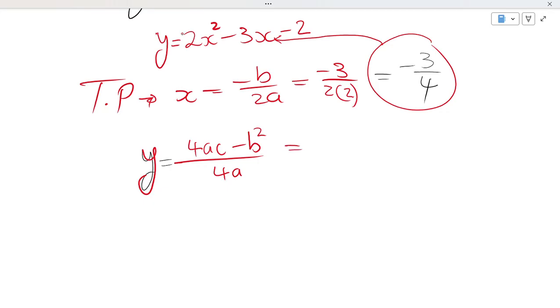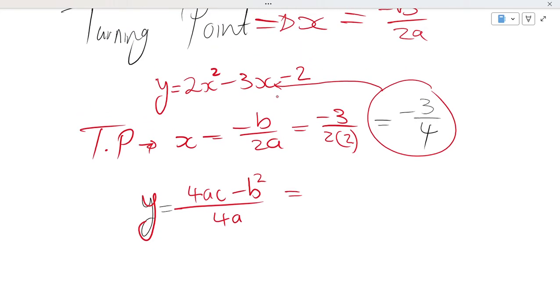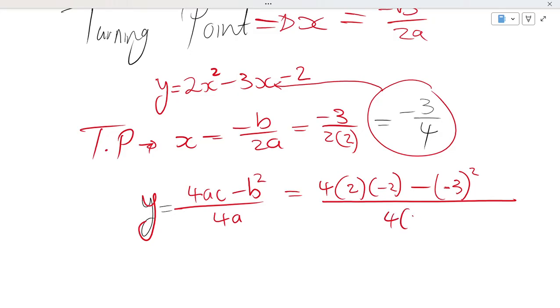Let's see. 4a is 2, c is negative 2, and then minus b is negative 3 squared over 4a, where a is 2, like that.